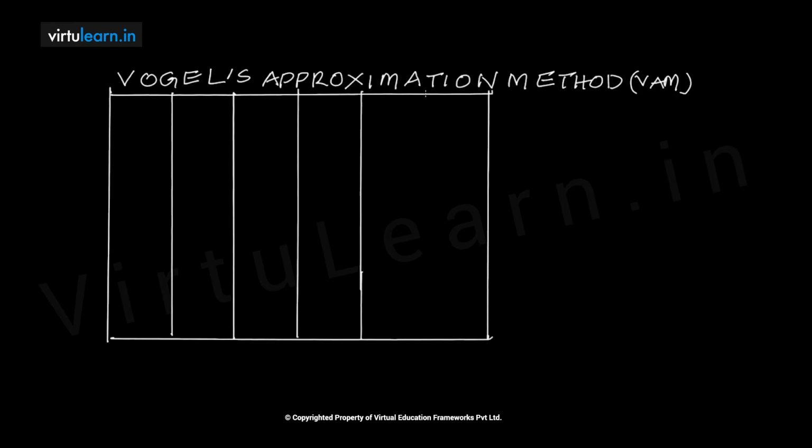So in this we use a term known as row penalties and column penalties.